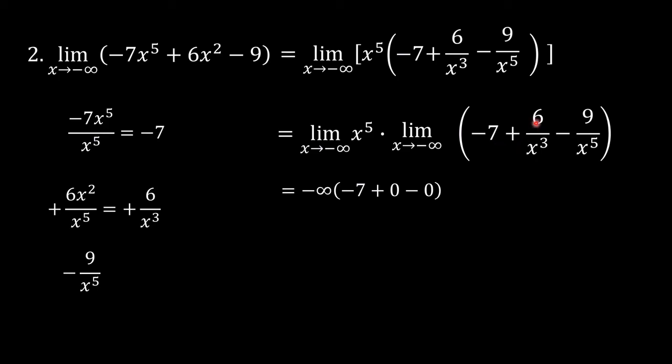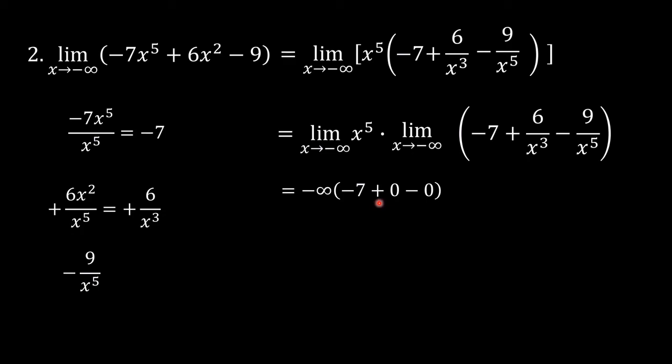The limit of 6 over x cubed as x approaches negative infinity is equal to 0. So plus 0. Then minus the limit of 9 over x raised to the exponent of 5 as x approaches negative infinity is equal to 0.